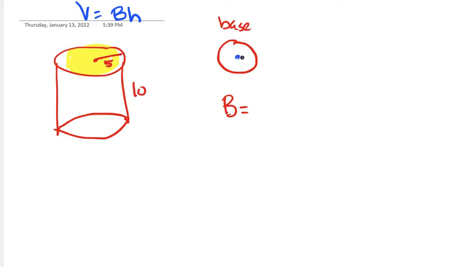So if our base is a circle and the radius is 5, what we learned is the area of a circle, which you really need to know how to do before you could do volume. The area of a circle is pi r squared. So I simply put 5 squared pi, or 5 times 5 pi. So my area of the highlighted part, the area of the base, is 25 pi. And then I plug in my height.